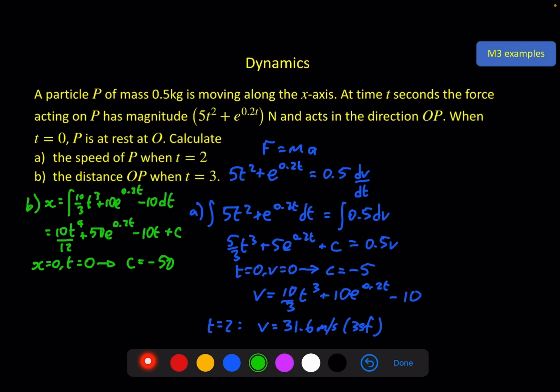So our final equation for x is 5t to the 4 over 6 plus 50e to the 0.2t minus 10t minus 50. And when t equals 3, that gives me x is equal to 78.6 meters to 3 significant figures.